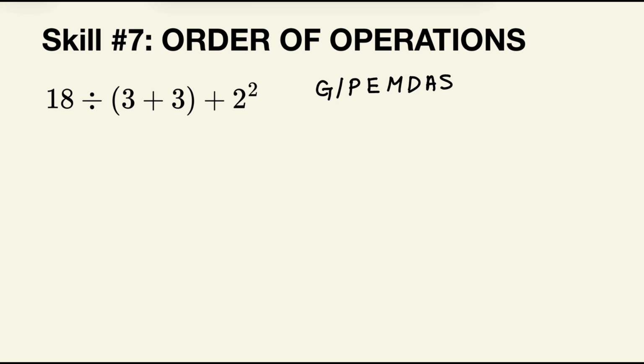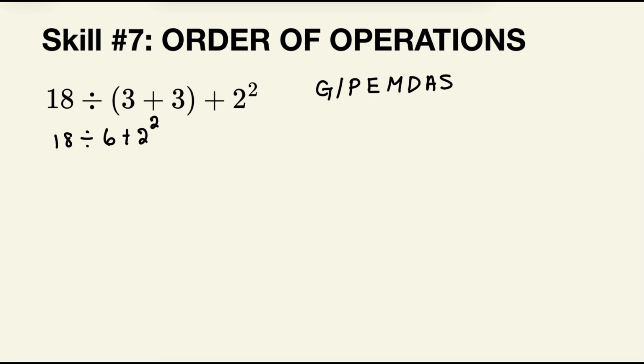So, of course, when it comes to the order of operations, we have to perform what's in grouping symbols or parentheses first. So, of course, we have 3 plus 3 inside the parentheses or grouping symbols. So we'll go ahead and solve for that. Bring everything down first. So we have 18 divided by, and 3 plus 3 is 6, plus 2 squared.